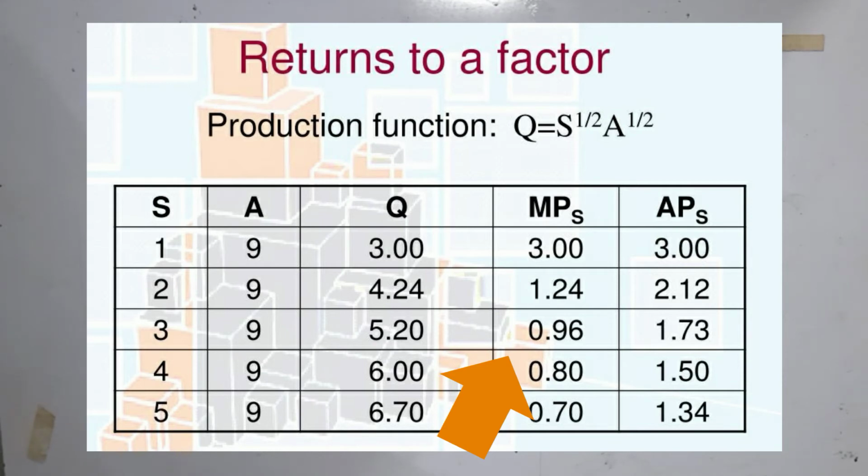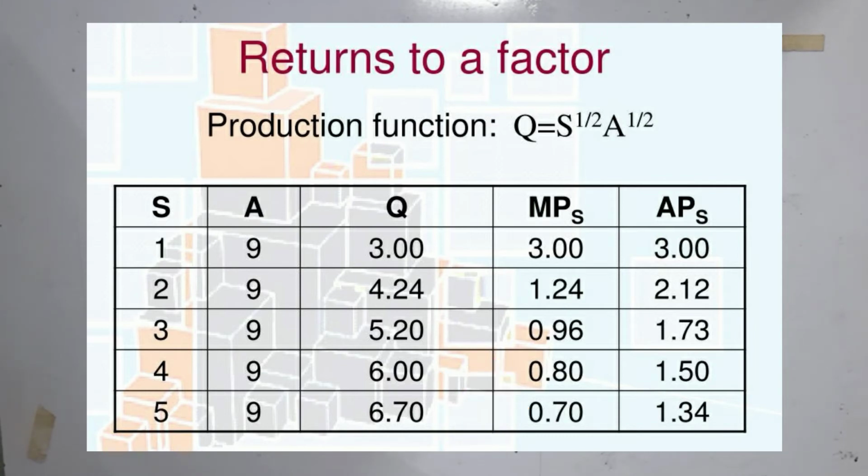From the total product, an increase from 4.24 to 5.20, our marginal product is now 0.96. From the total product, a shift from 5.20 to 6, our marginal product is now 0.80.